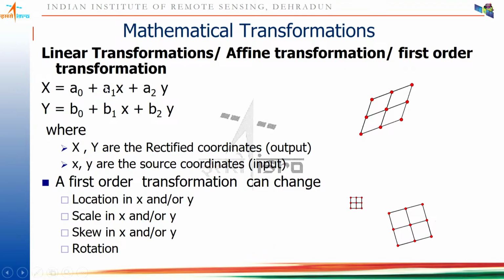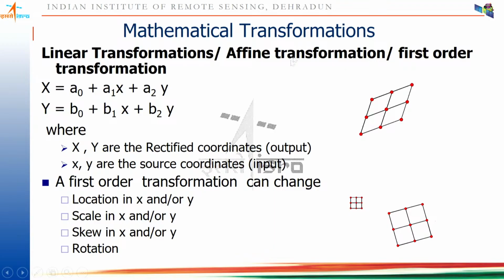So this is the first order polynomial where the small x and y denote the input coordinates, or we can also use i and j, row and column, and the capital X and Y are the ground coordinates or the map coordinates. This is a simple first order mathematical equation, an affine or linear transformation, used to convert my rows and columns into latitude, longitude.